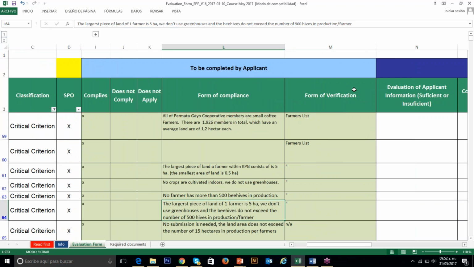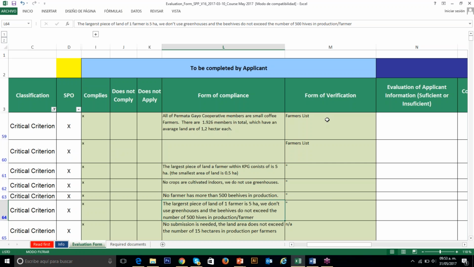Then in column M, they have to write what is the document or the information they used to verify the explanation they wrote in the previous column, and they wrote farmers list.